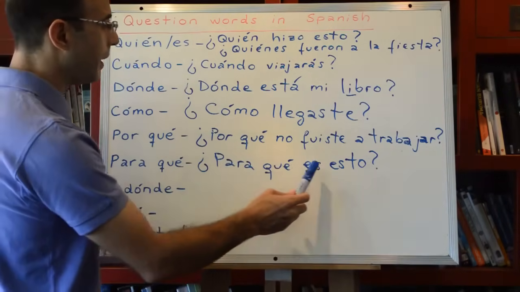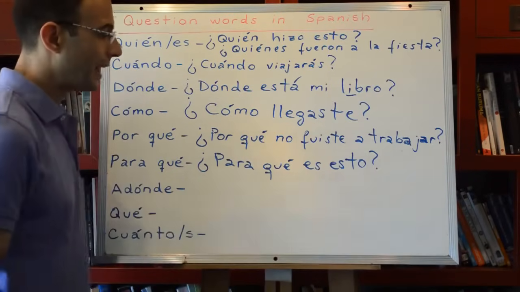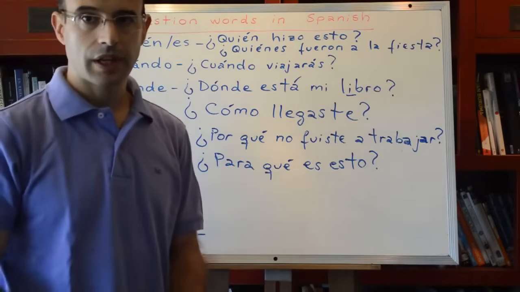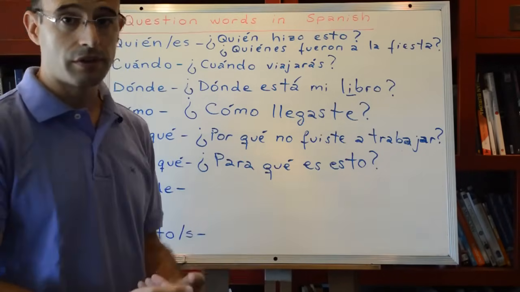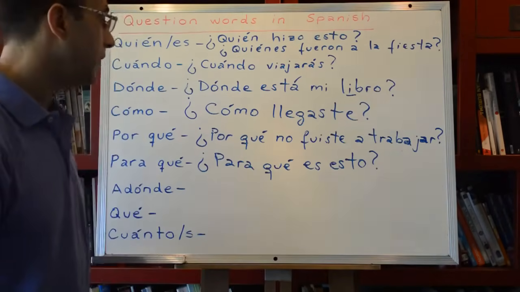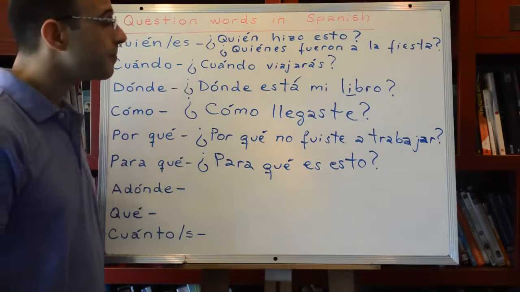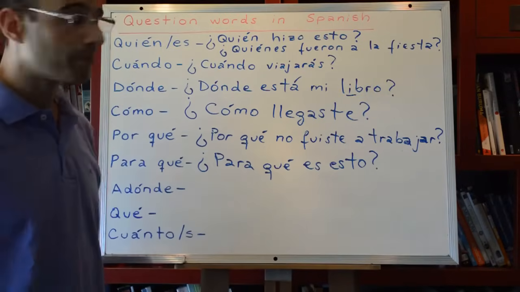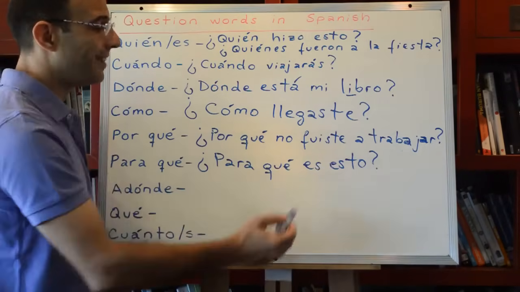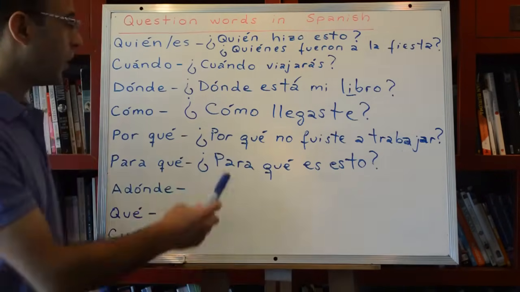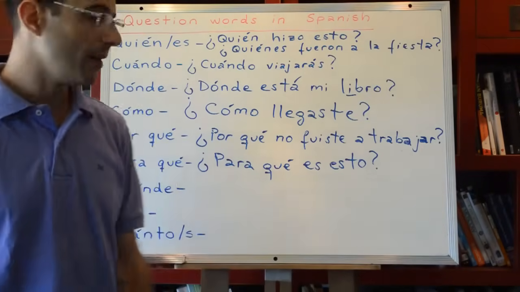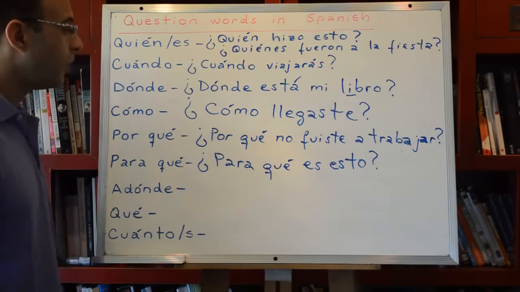What for is this? Es is a simple present for the third person in the singular, for he, she, it. In this case it would be it. And for the verb ser, or the verb to be. Esto means this. So, what for is this? Or, what is this for? Okay? ¿Para qué es esto? What is this for?